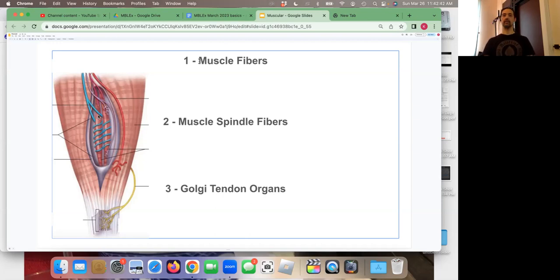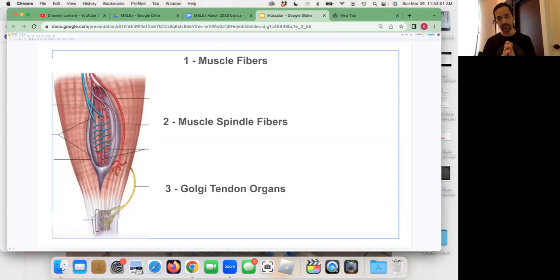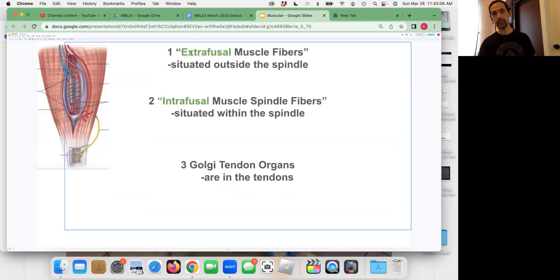When we look at muscles, what we see is this big muscle belly, and inside are all these fascicles, and the fascicles are made up of myofibers or muscle fibers. There are basically two areas where fibers are distributed in the muscle. One is the outside, the belly that we see, and the belly does most of the work. Those are called extrafusal muscle fibers.